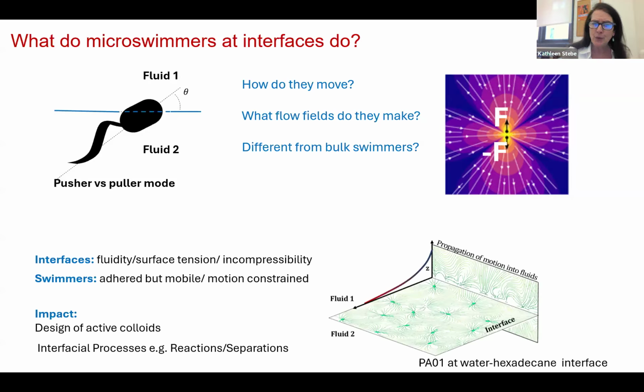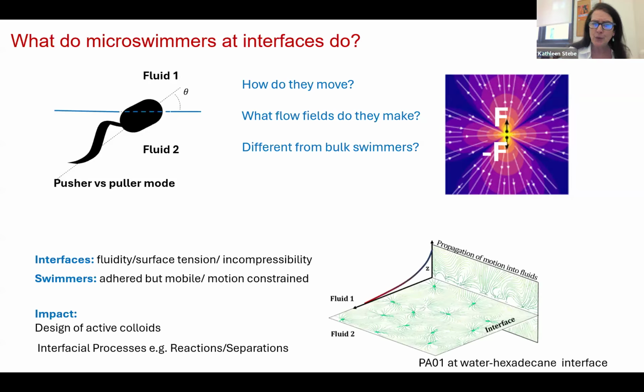And if we do understand mixing at interfaces, it might be particularly interesting, especially for things like chemical engineering. There are tons of interfacial properties and processes that occur in chemical engineering. For example, simultaneous reaction and separation is a way to run chemical processes that are much greener than relying on reaction and subsequent separation. So we study Pseudomonas aeruginosa.